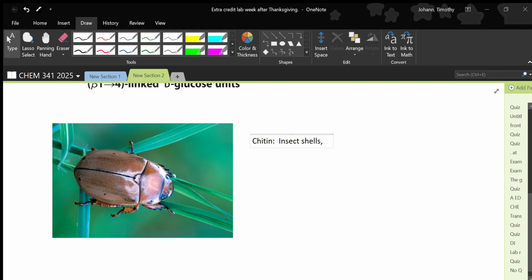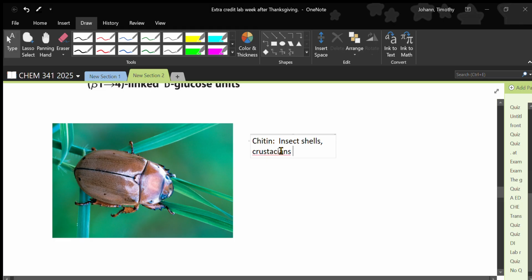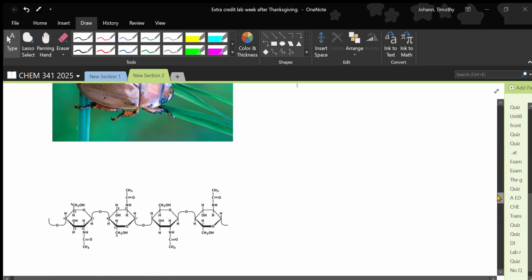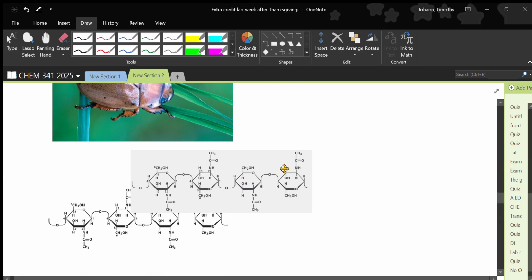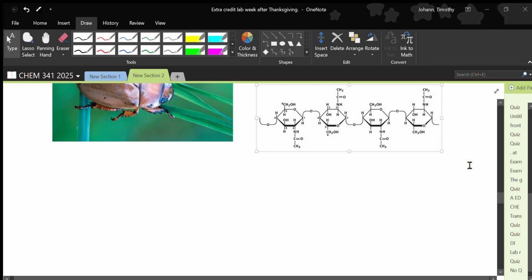Crustaceans. And so what this is, it's a glucose, but it's actually an N-acetylglucose.